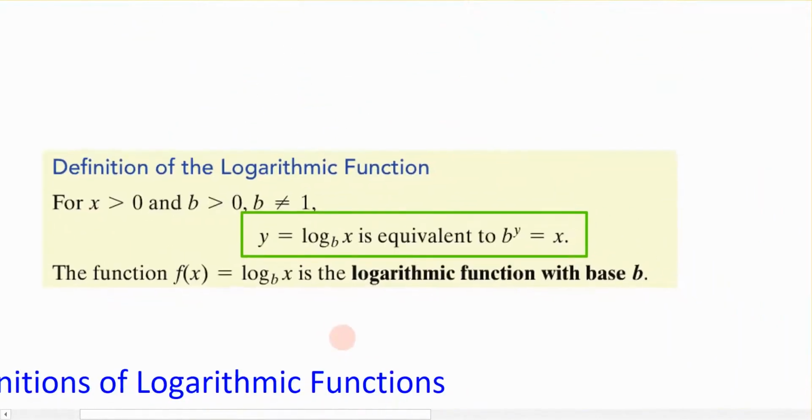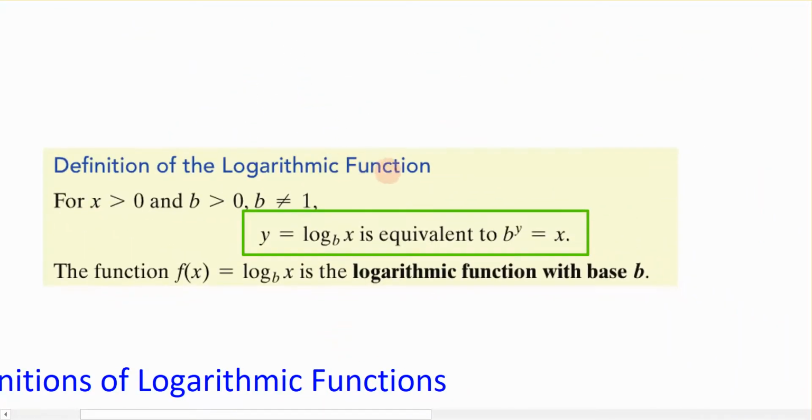Now formally, I have the definition of our log function written for you here. I took this out of the textbook, and in this particular case, they use a base of b instead of a base a, which I was using a second ago, but it's still the base. So here we say that y is equal to log base b of x, and that's equivalent to base b raised to the y power is equal to x.